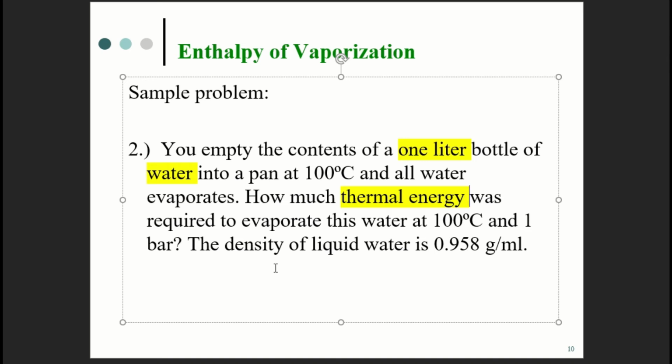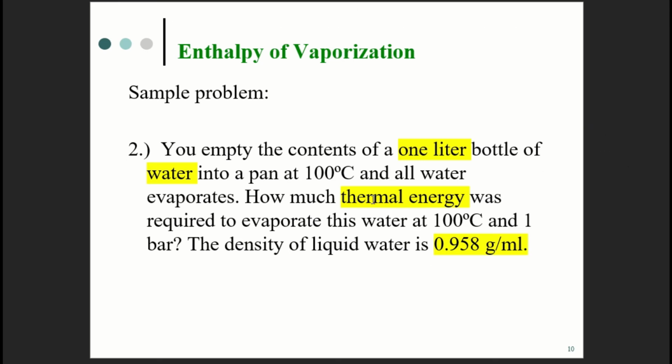We are asked to find the thermal energy. And we were given the density of the liquid, which is 0.958 grams per mL. Let's see how we're going to compute this. Take note, class, we are asked to find the thermal energy.